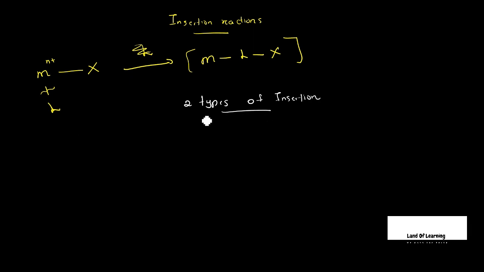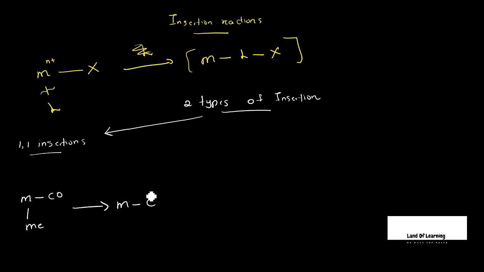The first one is 1,1 insertion. These are the pretty simple ones. Let's say we have a metal center, a carbonyl group, and a ligand like a methyl group. When the reaction happens, the carbonyl group and the methyl group bind together to form this kind of ligand.